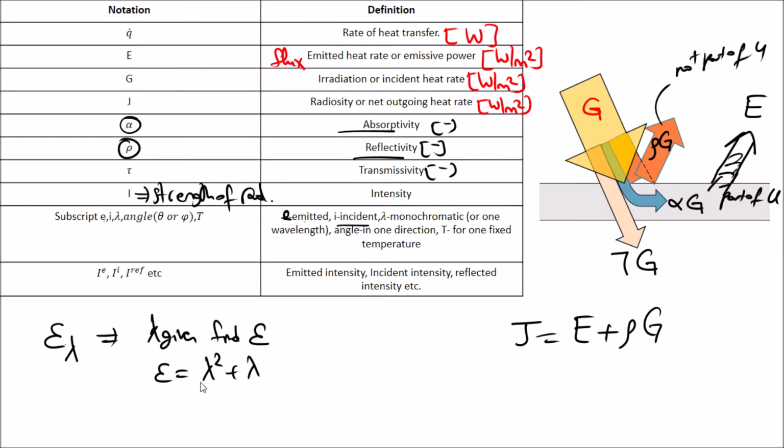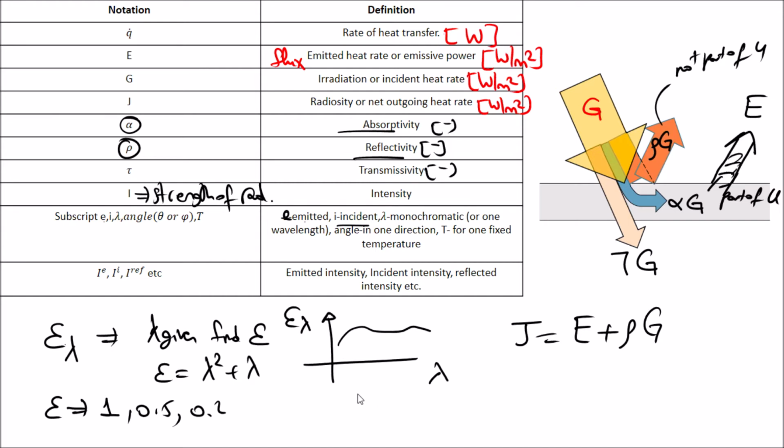It is possible. But if I say emissivity itself, then it is not a function of lambda. If I give you lambda, you cannot find emissivity. You will have some fixed value, for example 1, or 0.1, or 0.2. If you show a graph of epsilon lambda versus lambda, you will have something like this. But if I say the epsilon value here, not E, then it is not a function of lambda.